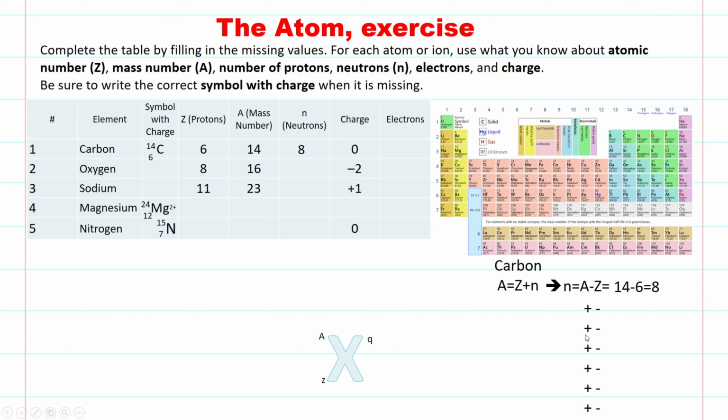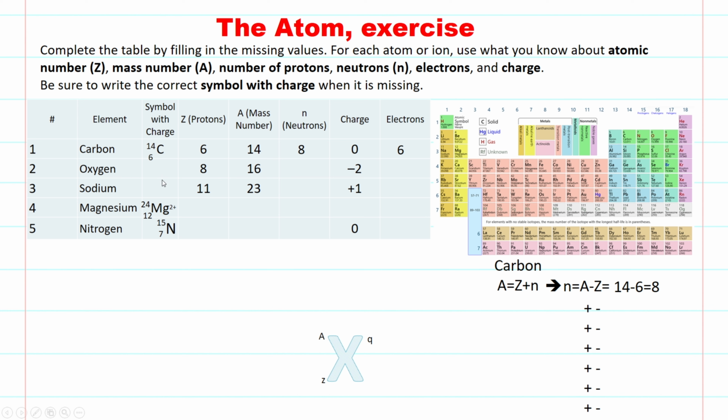The number of electrons equals the number of protons. They cancel each other out, so it's a neutral atom. And the number of electrons is 1, 2, 3, 4, 5, and 6. 6 electrons.